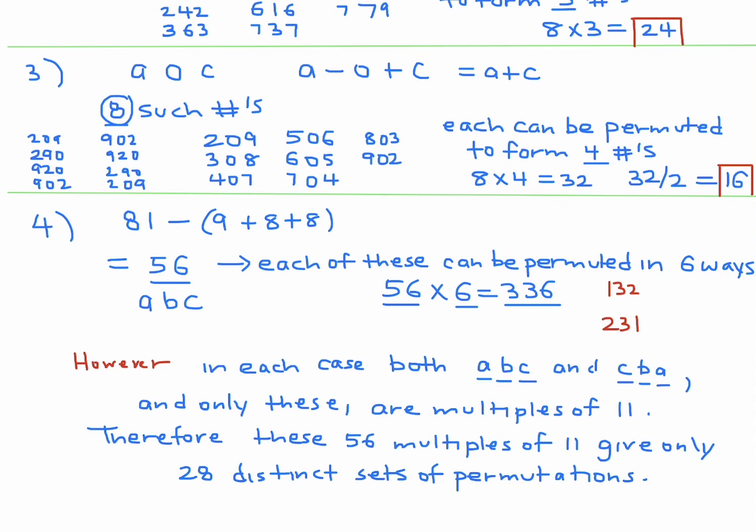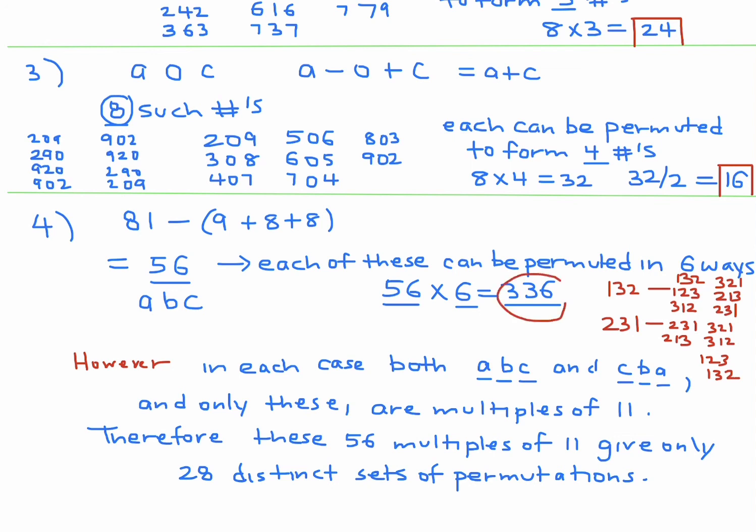And these 56 multiples of 11 therefore give only 28 distinct sets of permutations, because each of these would give the same 6 permutations, right? 132, it would be 132 itself, 123, 312, 321, 213, and 231. 231 would give the exact same: 231, 213, 321, 312, 123, and 132.